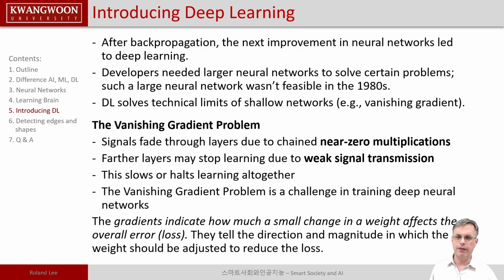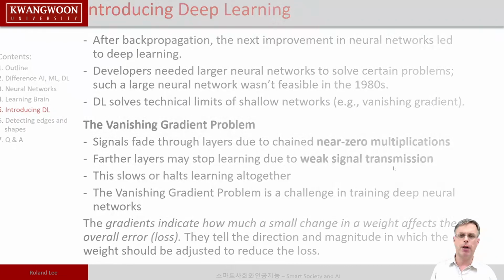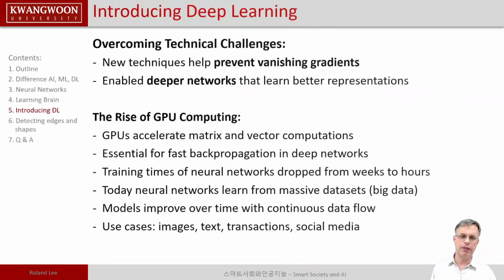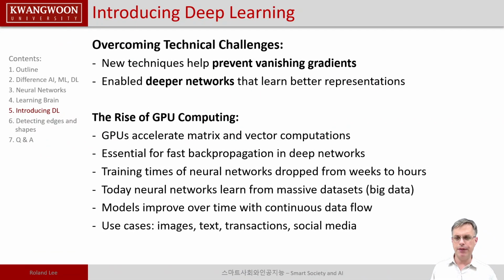Okay, so we talked about these things, and now the new solutions help avoid the problem of the vanishing gradient and many other technical problems, allowing larger deep networks in contrast to the simpler shallow networks of the past.